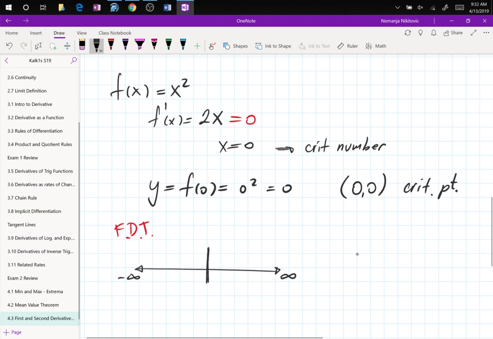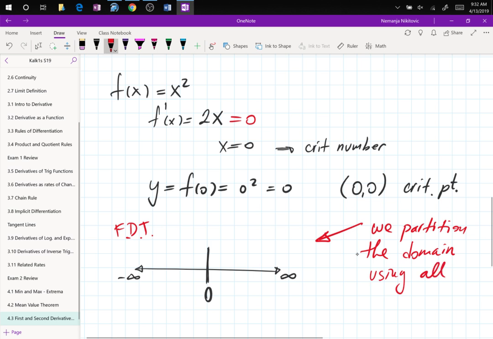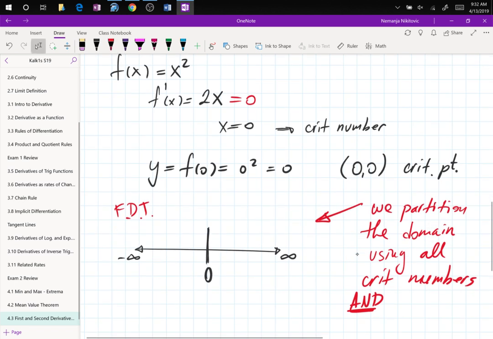We partition the domain using all critical numbers and vertical asymptotes. We don't have any vertical asymptotes now, but we will have later.